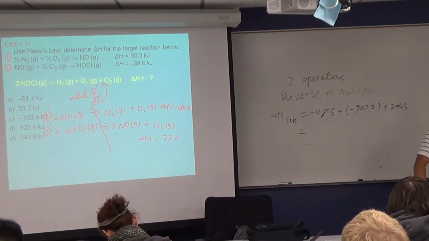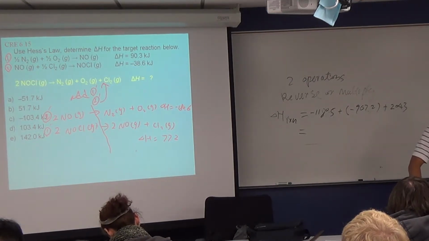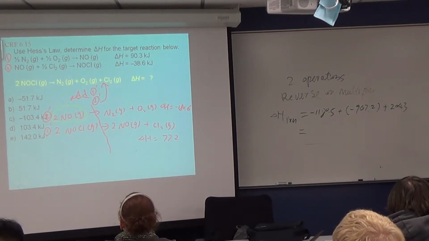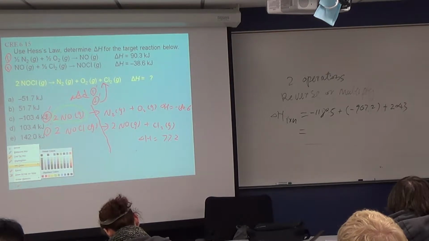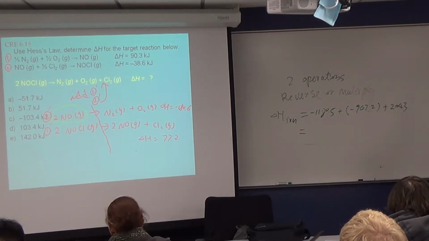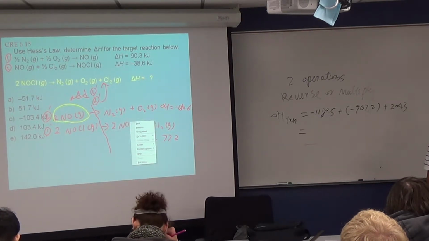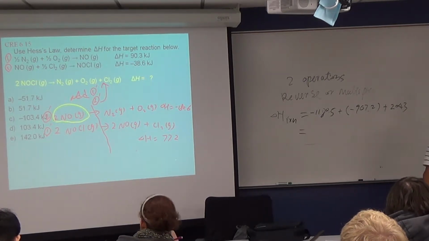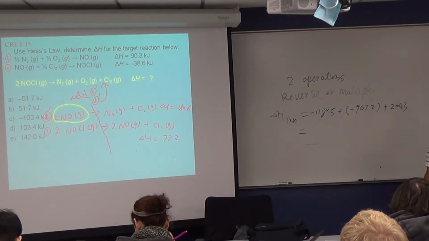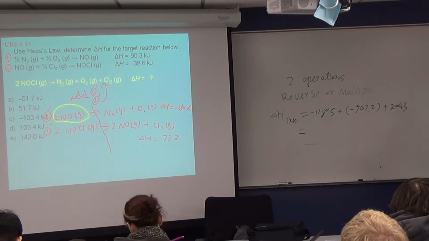So what can come out? 2 NO on the left side, right? And there are 2 NO on the right side. You see that?